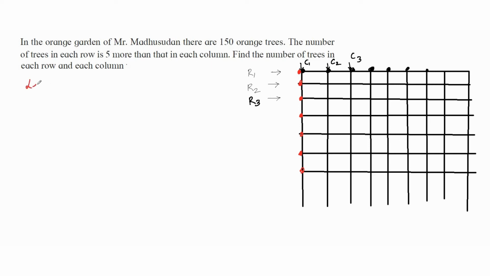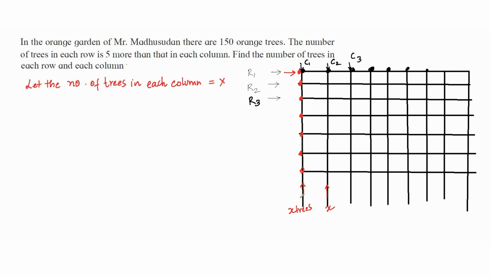So I can say let the number of trees in each column be x. That means there are x trees in each column, right? And in each row there are 5 more trees as compared to the number of trees in each column.